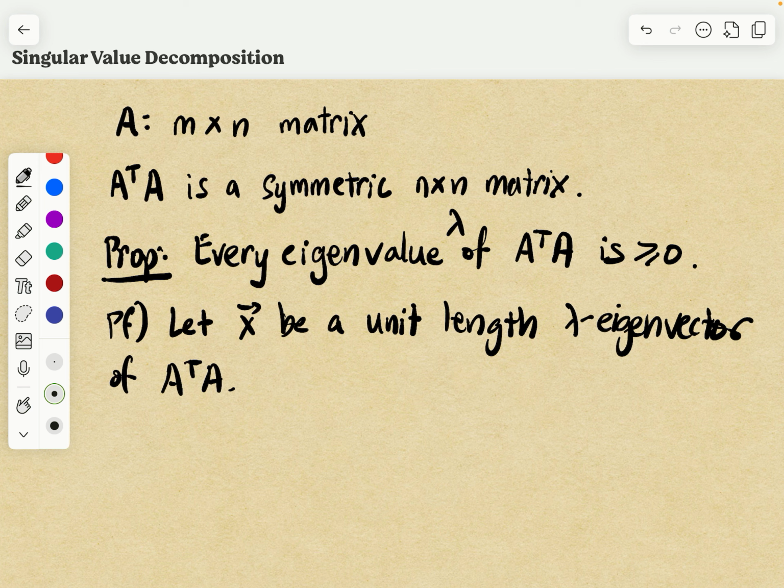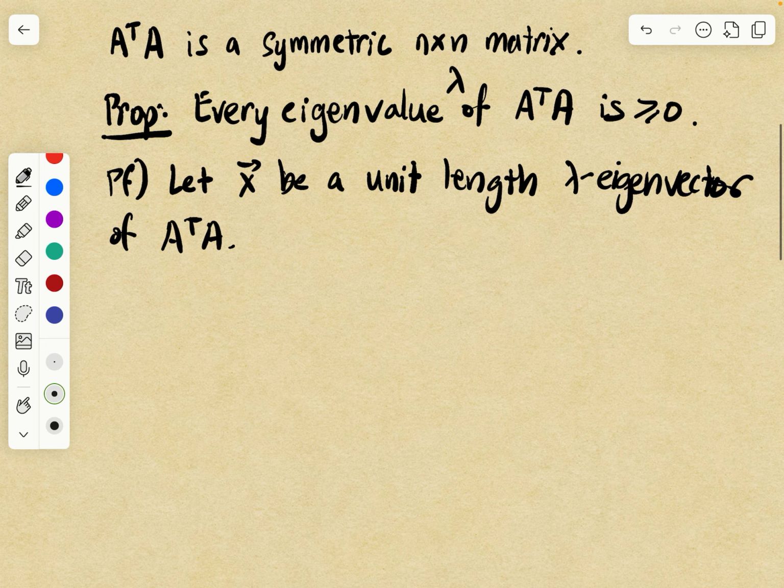So A might not have any eigenvalues or eigenvectors. But A transpose A does. And we're letting x be a unit length eigenvector of A transpose A with eigenvalue lambda. So what that means is that A transpose A times x is equal to lambda x.